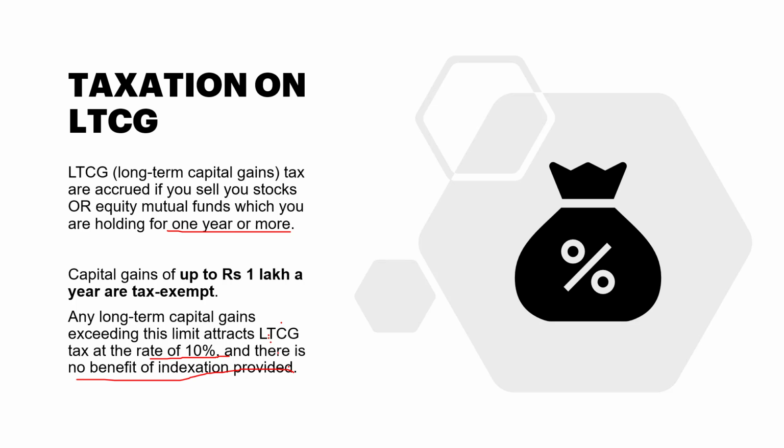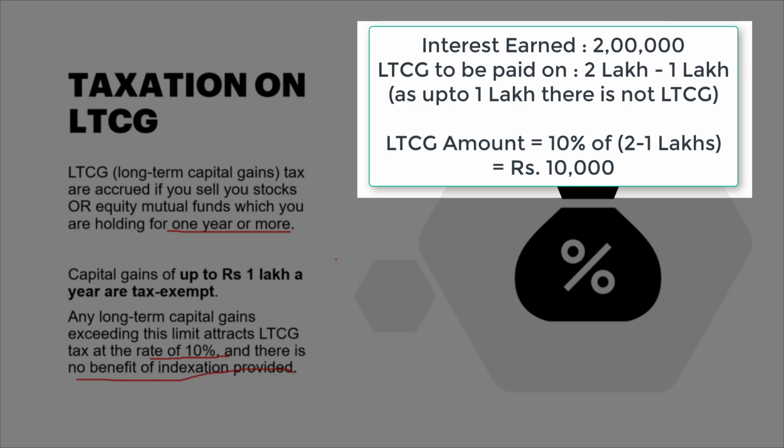So let's say you are switching a mutual fund from regular to direct, wherein the long-term income is 2 lakh rupees. For the first 1 lakh rupees there won't be any tax. For the rest of 1 lakh rupees, you have to pay 10%, which is 10,000 rupees.